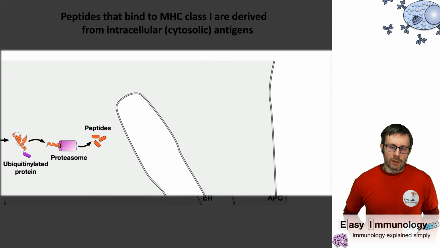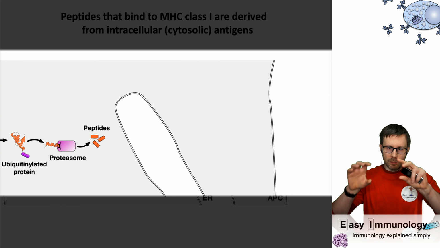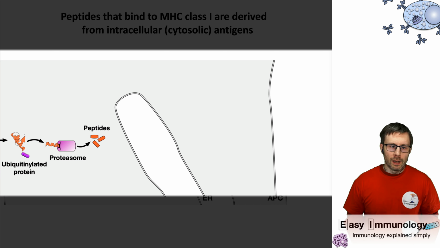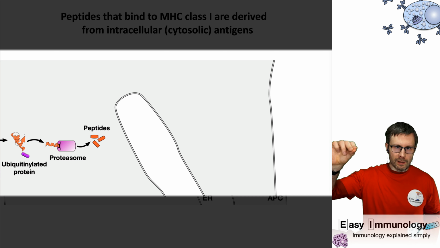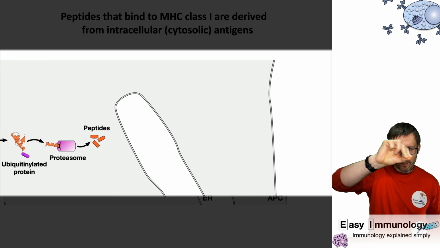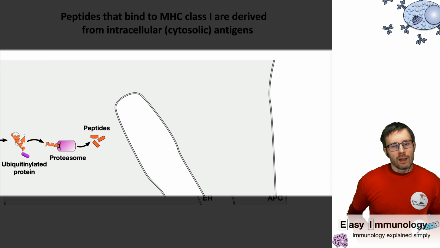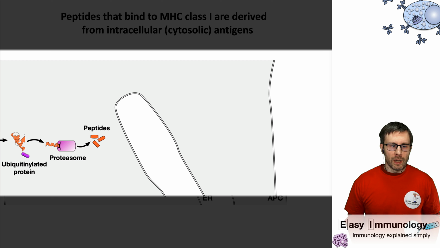This is done by a structure called the proteasome. This is like a big barrel where the proteins get unfolded on one side, and then the peptide chain is fed through this barrel, and inside the barrel are active sites of proteases.